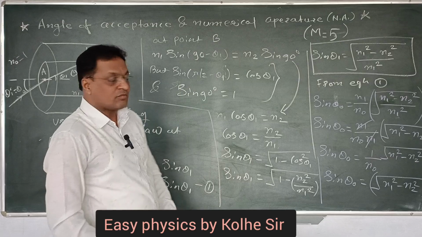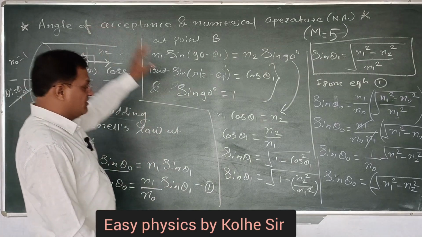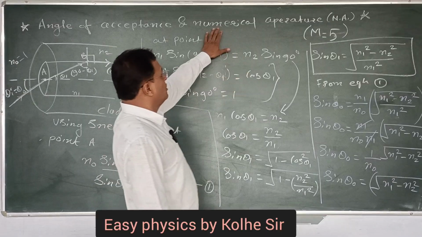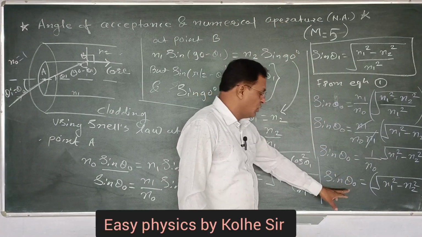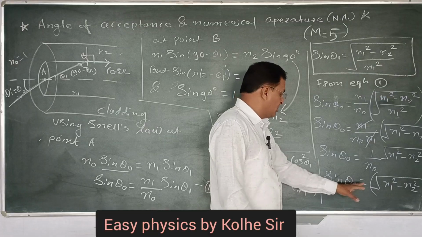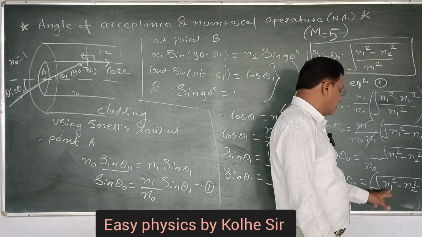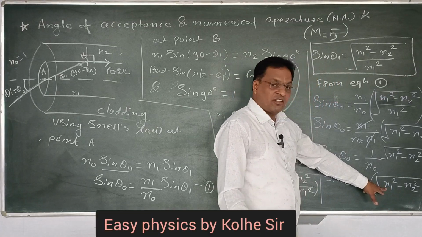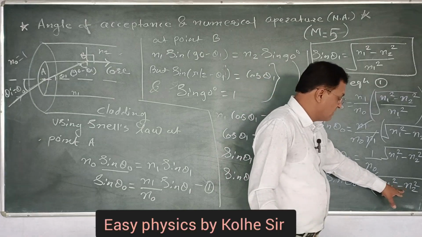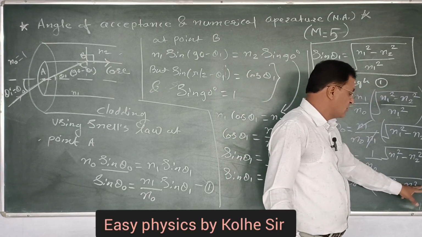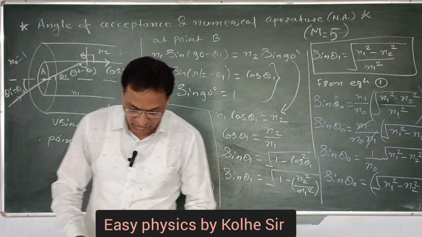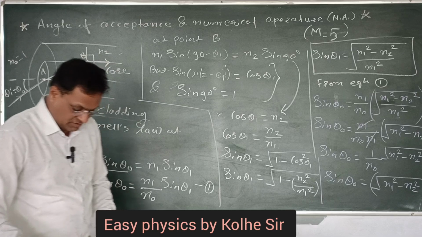Means acceptance angle means theta suffix 0, and sine of acceptance angle is called as a numerical aperture. We got this relation, sine of theta suffix 0 means numerical aperture is equal to root of n1 square, which is refractive index of the core, minus n2 square means refractive index of the cladding. In this way we can solve this derivation.